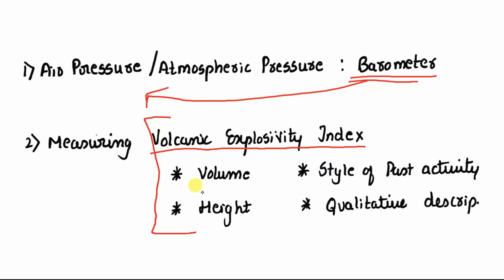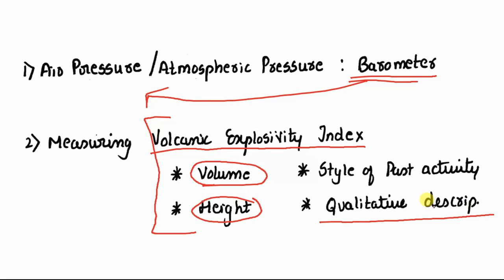The first one is how much volume is ejected, and what was the height of the eruption, and a qualitative description, that is, whether it was gentle or explosive, etc. And what was the style of past activity in the same area. So these are the things which are taken into consideration when they measure the volcanic explosivity index: volume, height, qualitative description, and style of past activity.